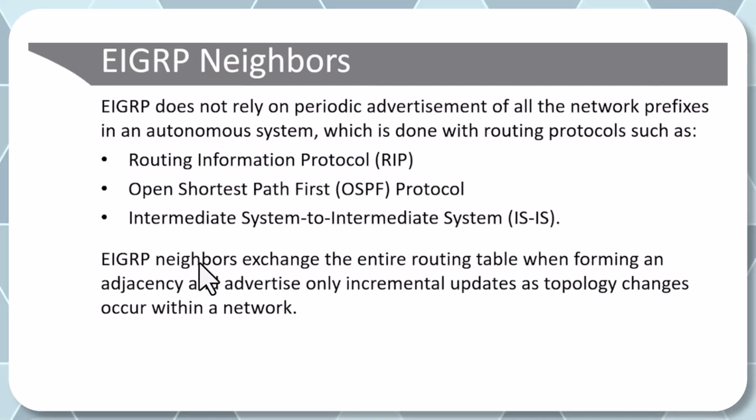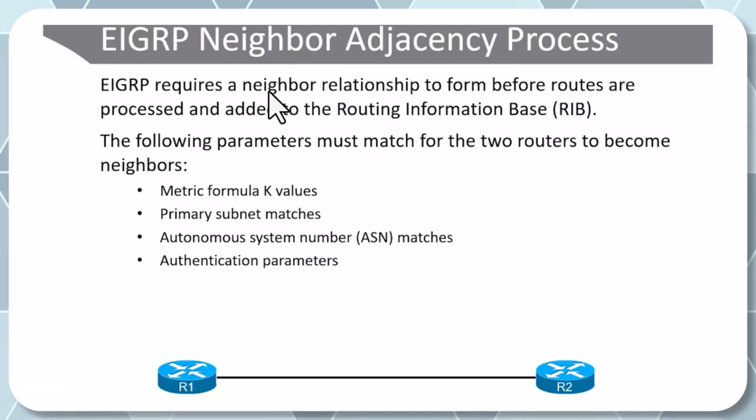EIGRP neighbors exchange the entire routing table when forming an adjacency and advertise only incremental updates as topology changes occur within the network. So if any new route is added, then an incremental update will go. It will not exchange the whole routing table because it wants to save CPU and RAM as well.